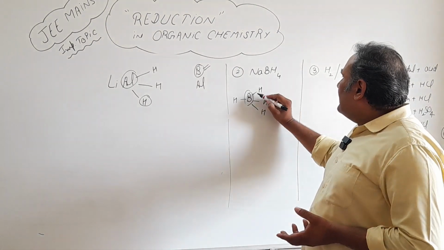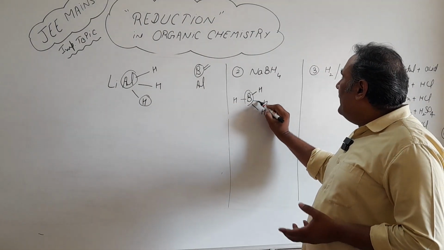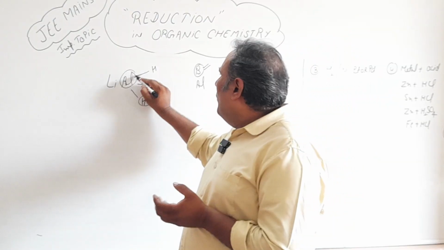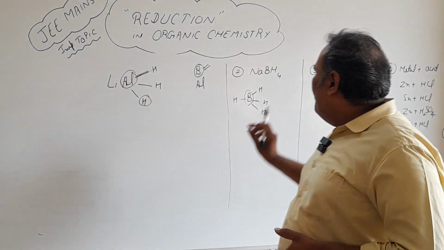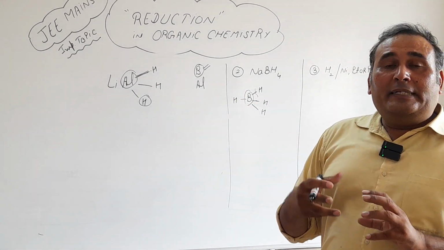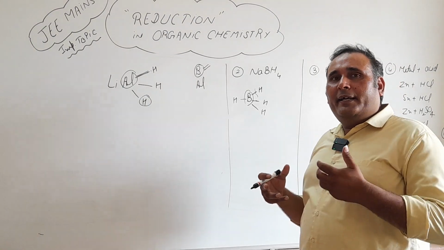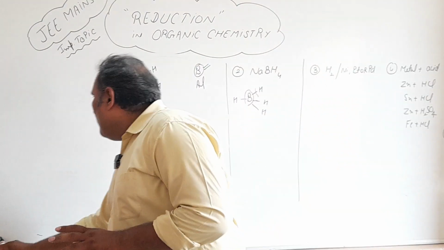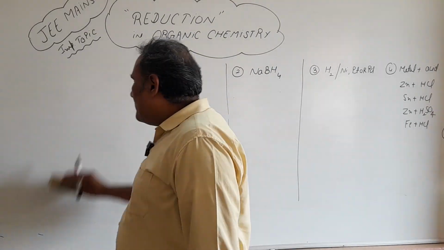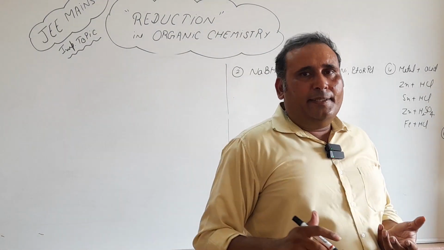That's why this bond is very strong if we compare it with the bond between aluminium and H. So if this bond is strong, it does not easily donate its hydride ion to every functional group. So yes, we can use sodium borohydride as a selective reducing agent.